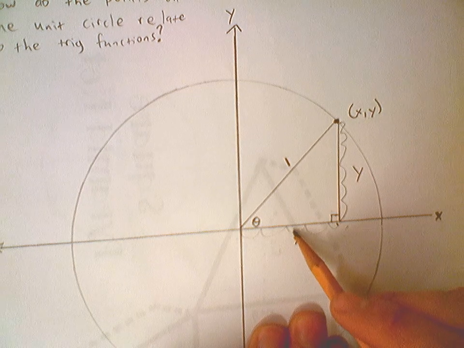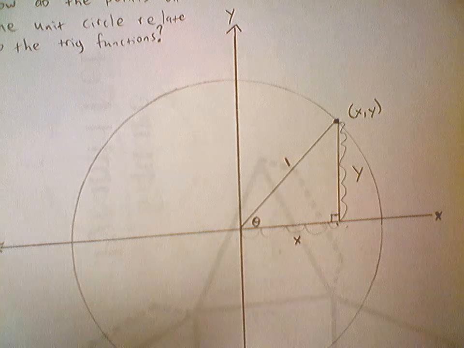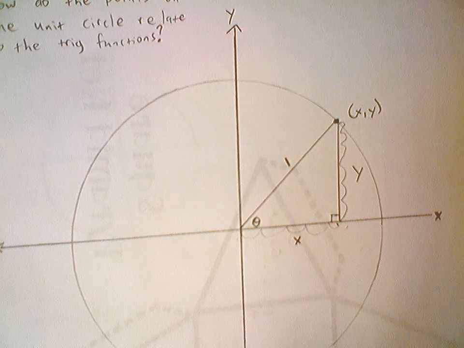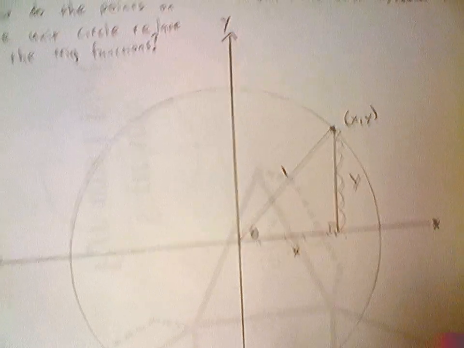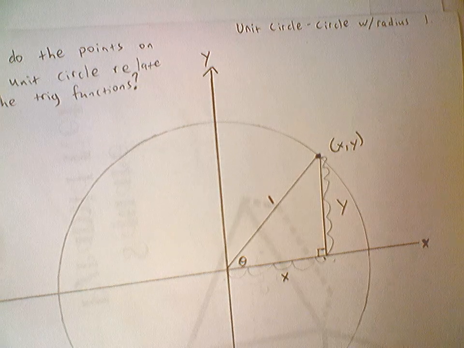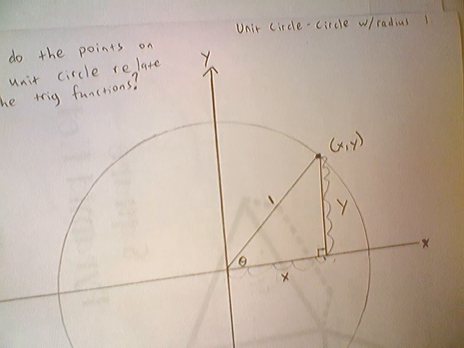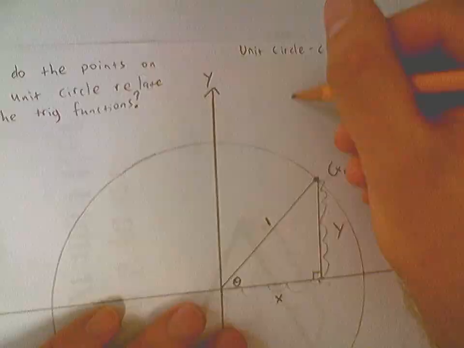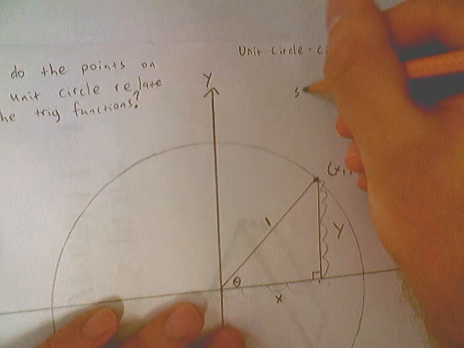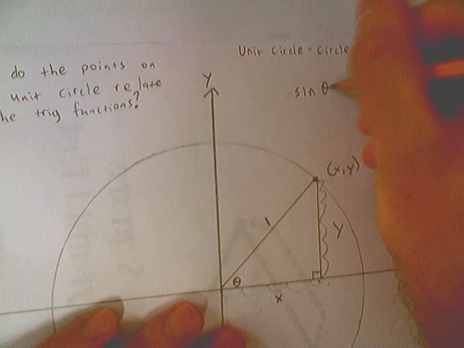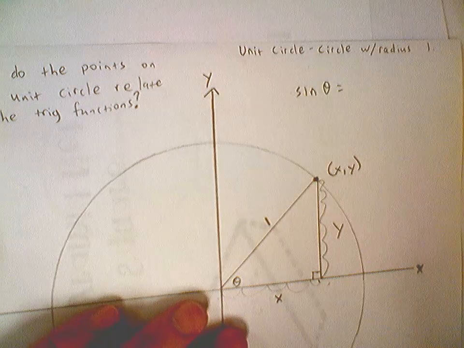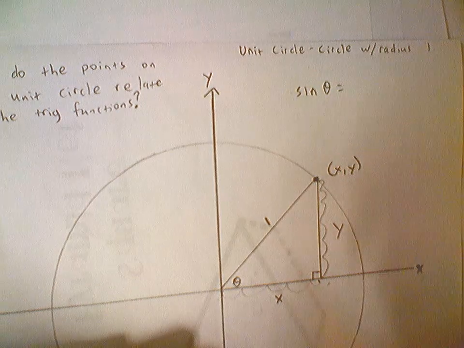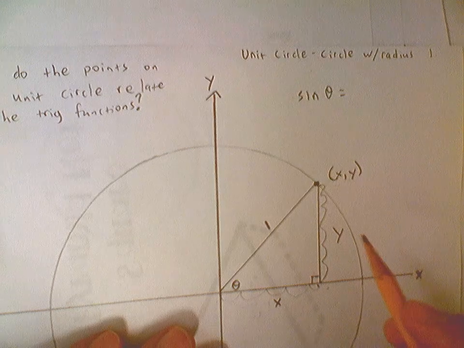Now that we've got this right triangle labeled, let's play around with the definitions of cosine and sine that we already know. Let's start with sine. Remember from SOHCAHTOA that the definition of sine is opposite over hypotenuse.